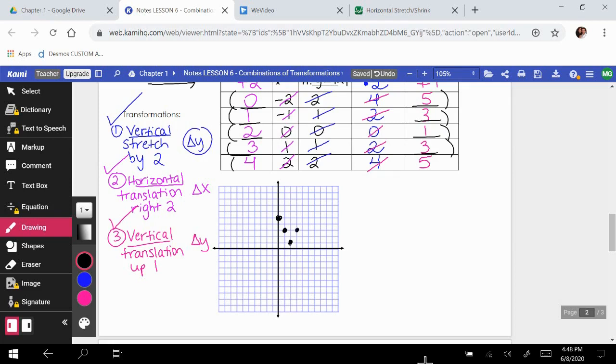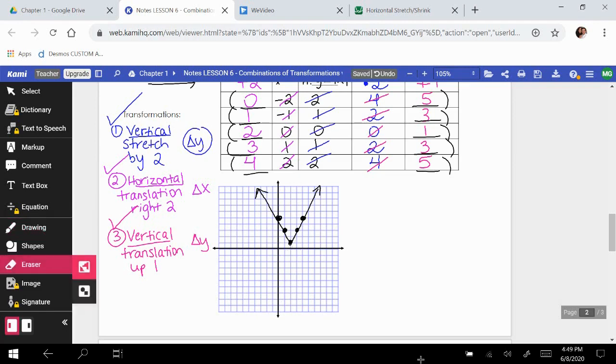And I'm going to plot the point 4, 5. Okay, it does look different than the original absolute value parent function. It's a little bit more narrow, and it looks like we would have shifted that origin point to the right 2 and then up 1. So that looks good to go.